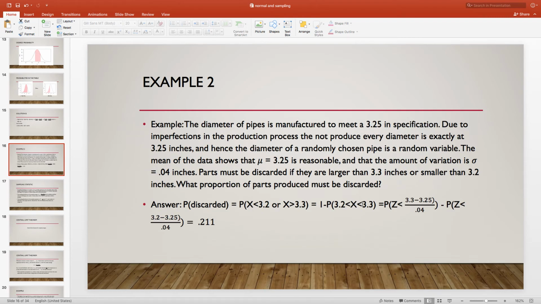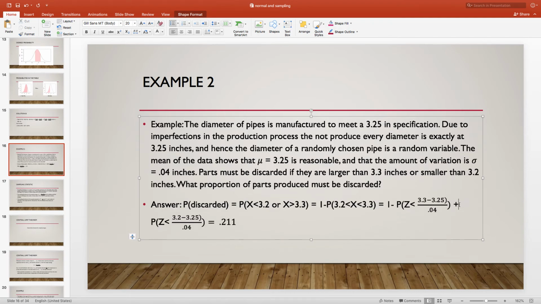So in other words, it's 1 minus the probability it's not discarded. And we've done this probability before. And I apologize, this should be 1 minus this. Okay. And this should be the probability of z.